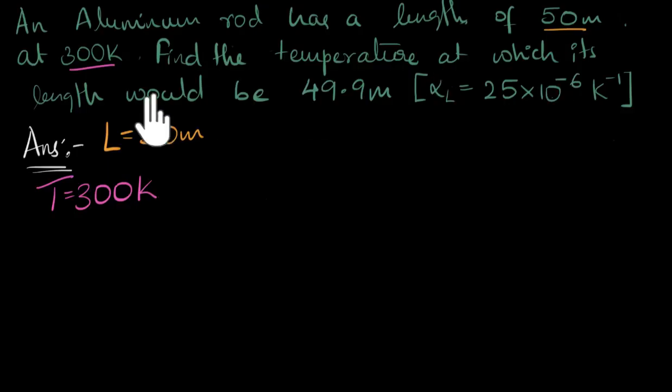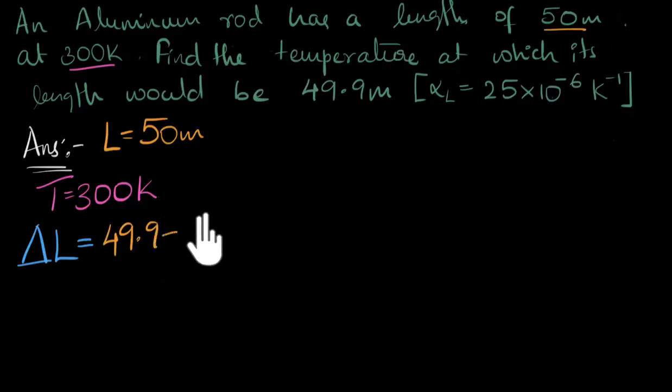Find the temperature at which its length would be 49.9 meters, which means the initial length is 50, the final is 49.9, so the change in the length required would be 49.9 minus 50, and that would be minus 0.1 meters. The minus sign is just telling that we want the rod to shrink in size, that's all, nothing else. So we want the rod to shrink in size by 0.1 meter.